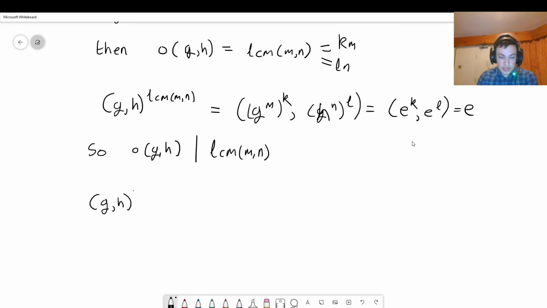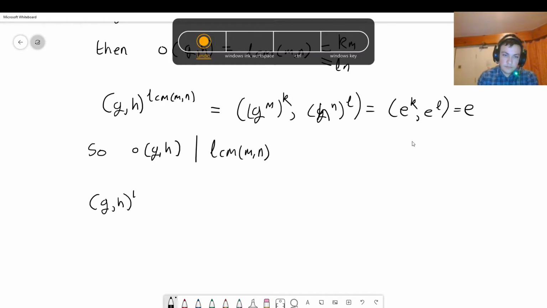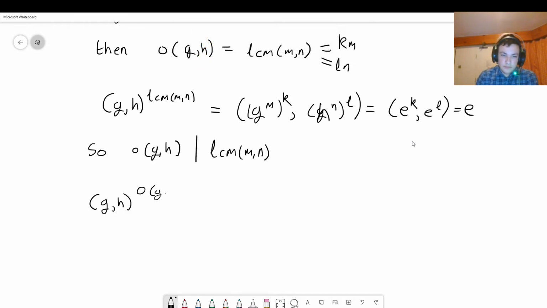Yep, so (gh) to the LCM(m,n) is equal to just the identity again. So the order of gh here is trivially e.